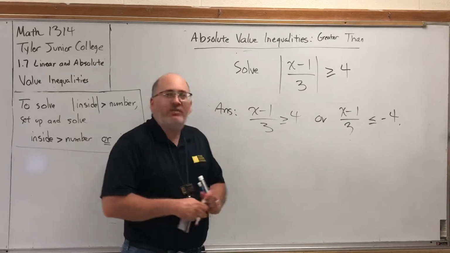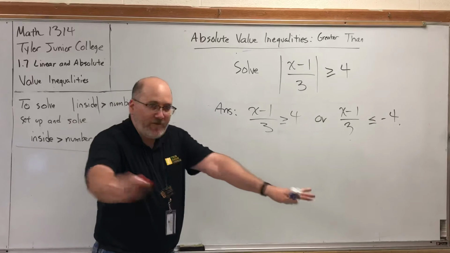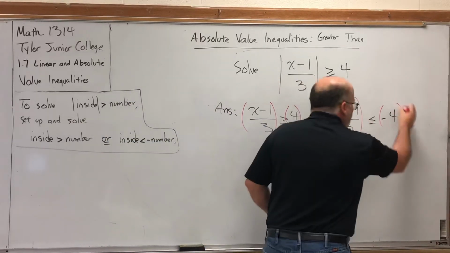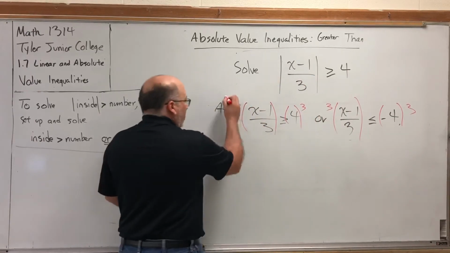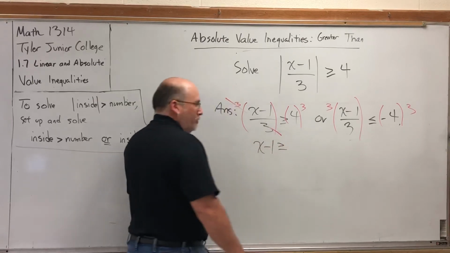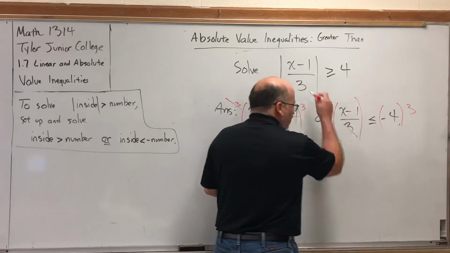The fraction shouldn't intimidate you. It's a division problem. The answer of dividing is multiplying. Multiply everything by 3. We're going to solve all these at once. 3 for you, 3 for you. Everybody gets a 3. Cancel. X minus 1 is greater than or equal to 4 times 3 is 12. Or cancel.